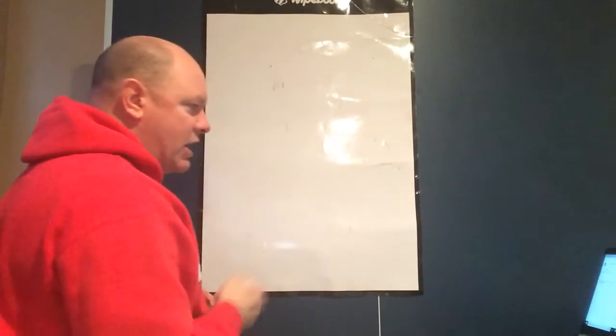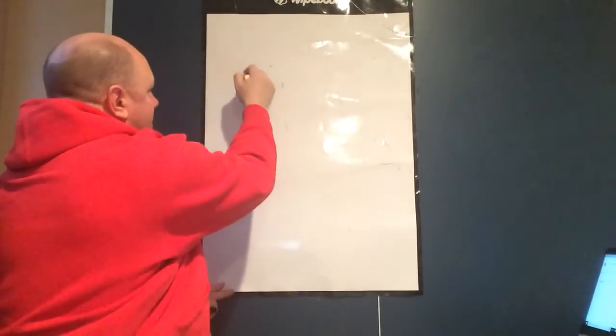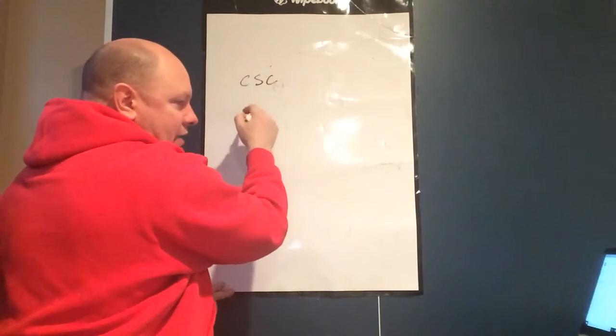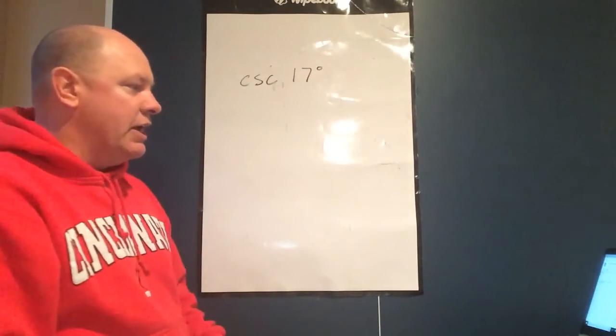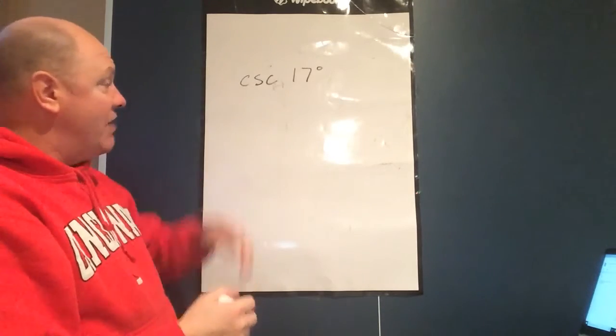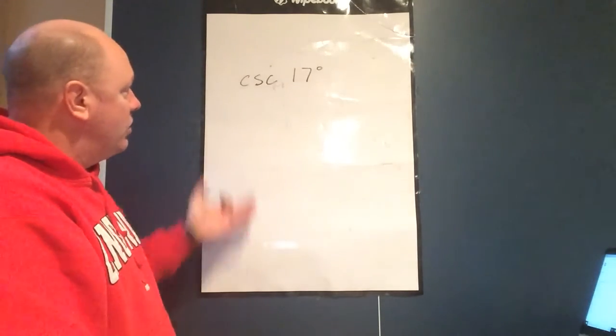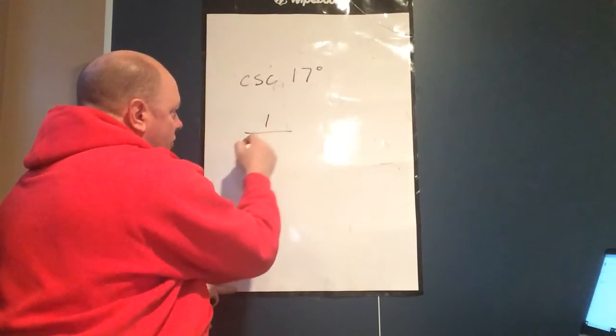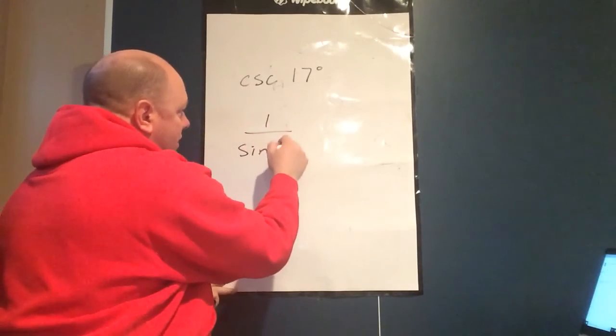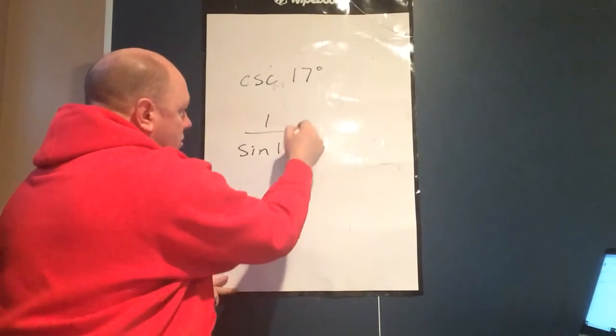The first example that we saw was cosecant 17 degrees. To find that value, I have to flip this, so I do 1 over sine 17 degrees.